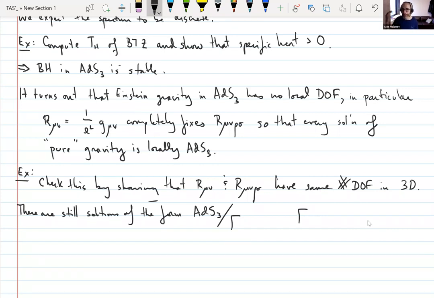I'm identifying points in AdS with one another. So I'm taking a quotient of AdS by some group, gamma, which is a subgroup of the symmetry group of AdS, SO(2,2).